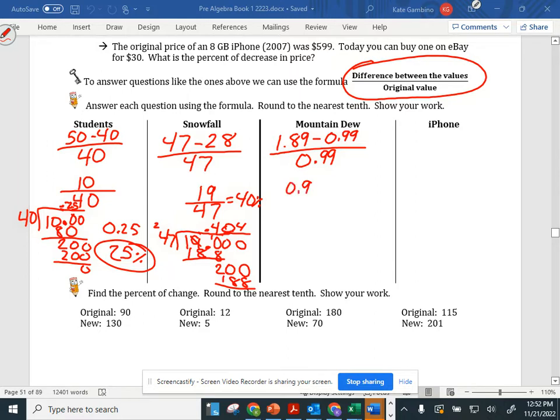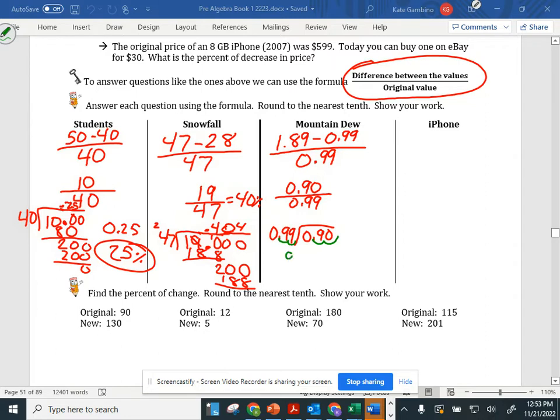90 cents. Divided by 99 cents. So now we have to do that math. 0.90 divided by 0.99. Remember, when I'm working with those decimals, I'm going to move it over.